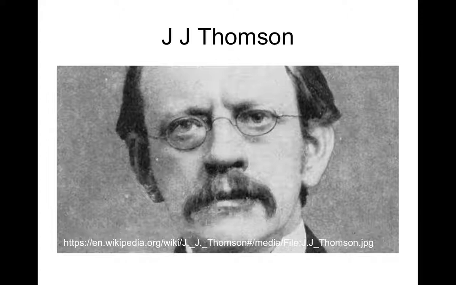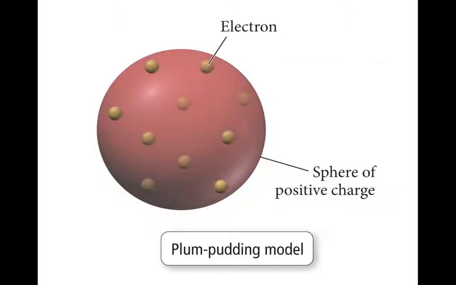He suggested in around 1900 that the atom was made up of a sphere of positive charge with little electrons, which may have looked like little plums or little raisins inside the pudding, interspersed throughout the positive charge.